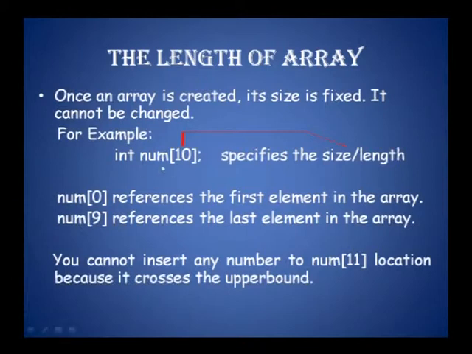So, num[0] always refers to the first element in the array, and num[9] always refers to the last element in the array. And you cannot have anything beyond this. For example, if you say num[11], it is a meaningless value. You are referring to some garbage value, but not with respect to the array called num.